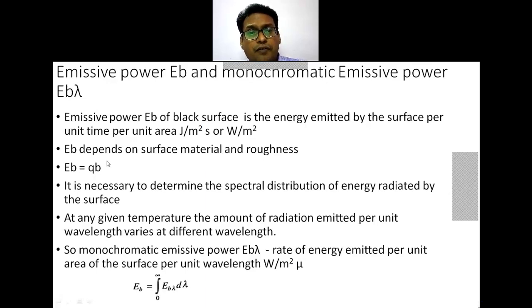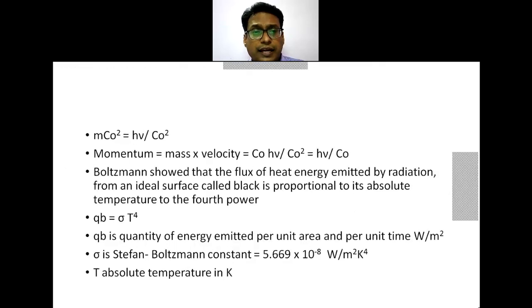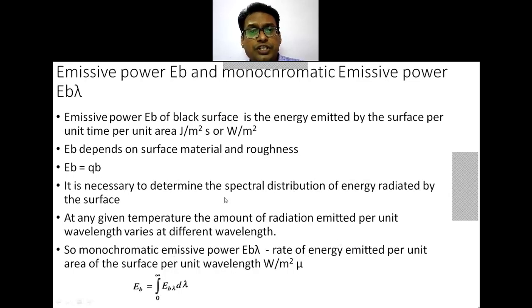So the emissive power of a black body depends on the surface material and its roughness. So this emissive power EB is equal to QB, the quantity of energy emitted per unit area per unit time.